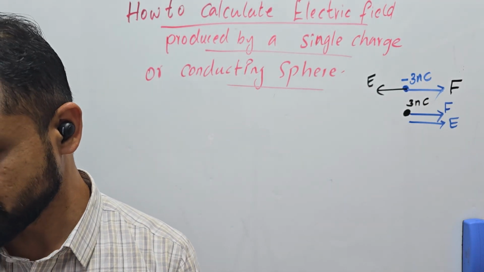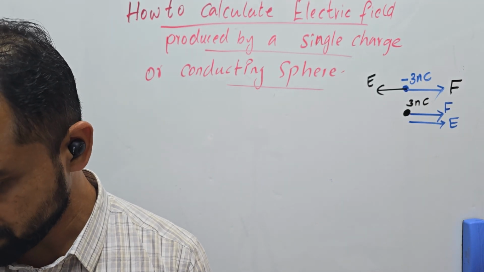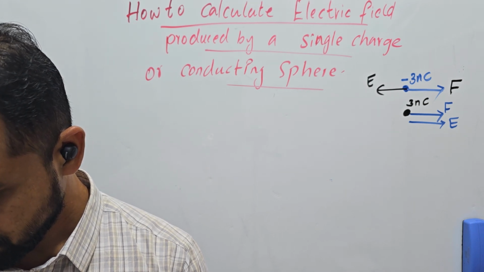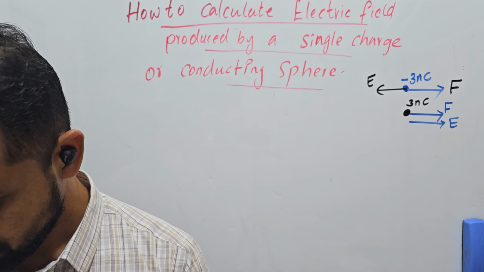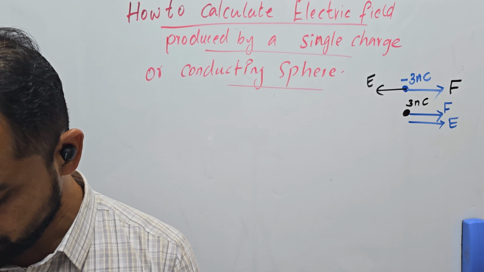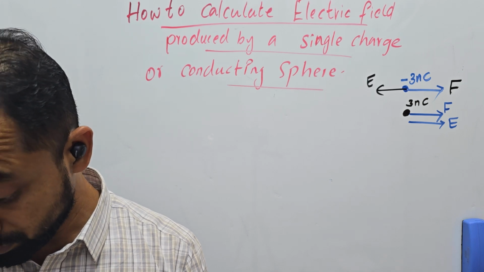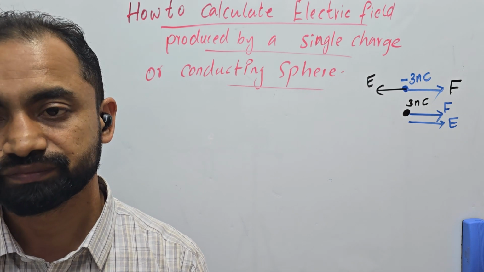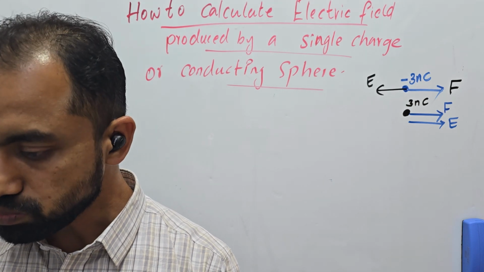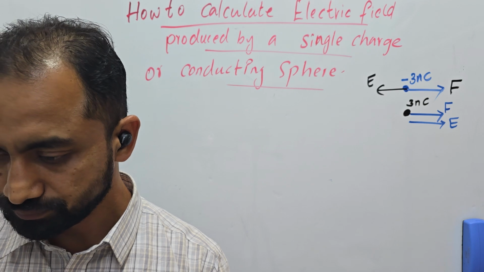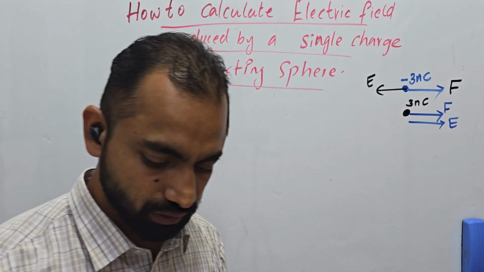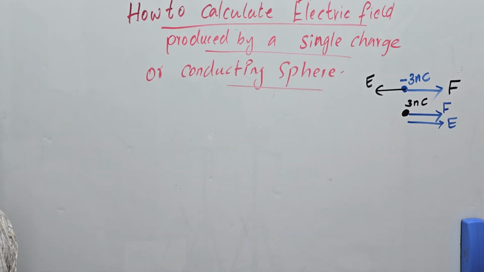What's the answer? Force by charge, right? 0.08. I am getting 1.6 times 10 to the power 5. Listen, how to solve this question?